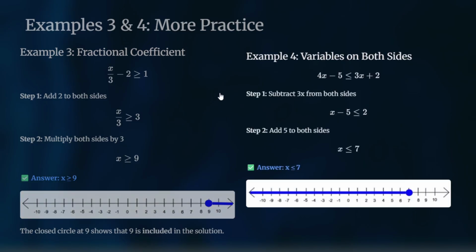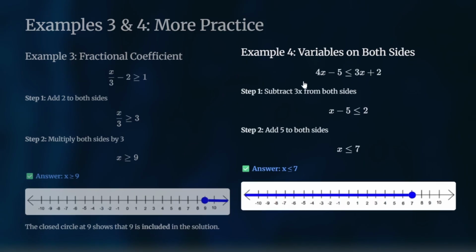Now, what if we have variables on both sides? For instance, 4x minus 5 is less than or equal to 3x plus 2. So the concept is still the same. We need to isolate our variable on one side. So we can start by subtracting 3x from both sides. So 4x minus 3x becomes x.